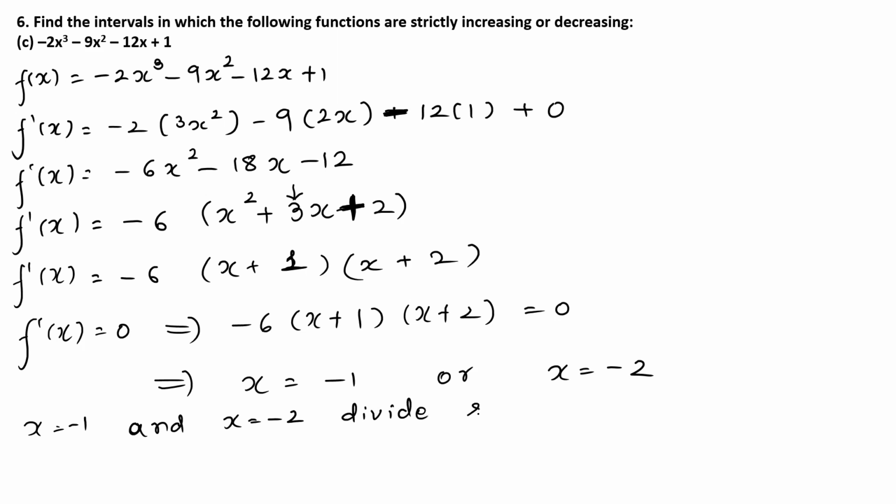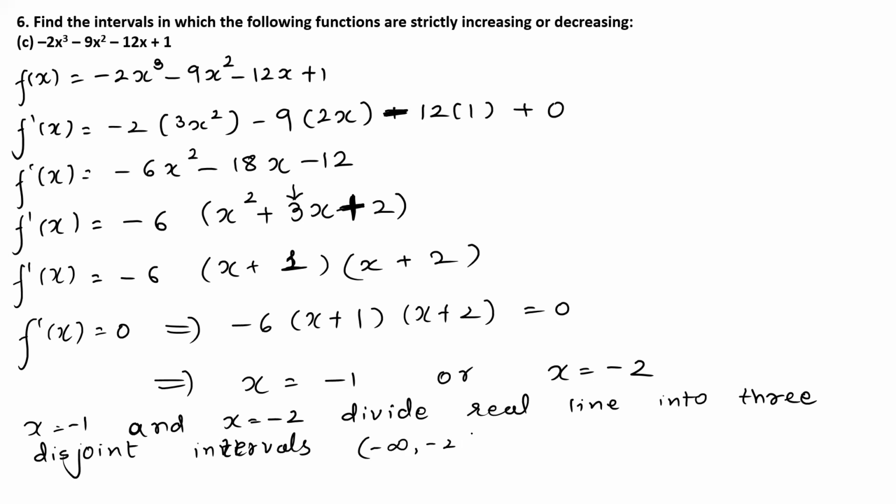These two values of x divide the real line into 3 disjoint intervals. One will be minus infinity to minus 2, then minus 2 to minus 1, and minus 1 to infinity.